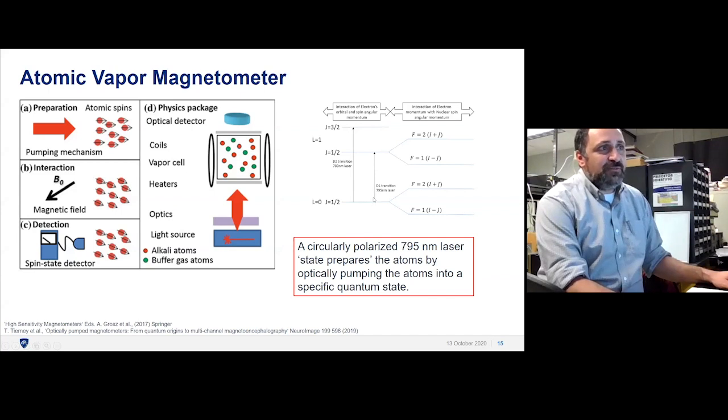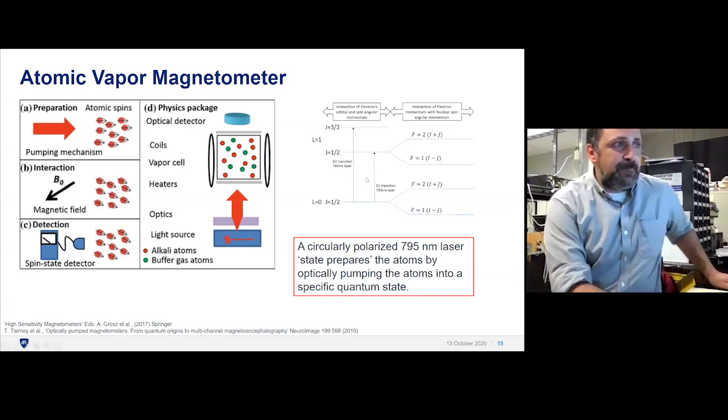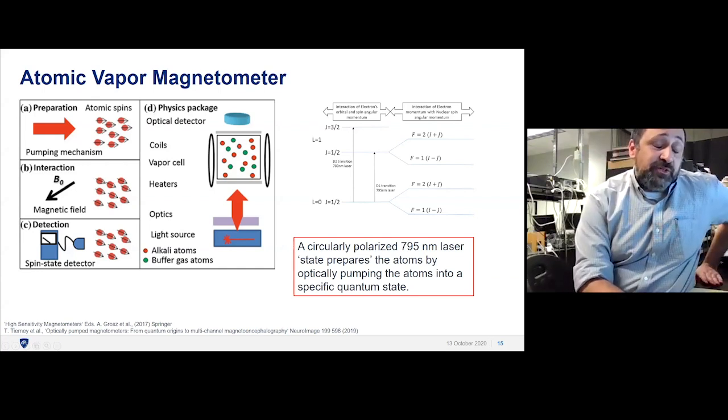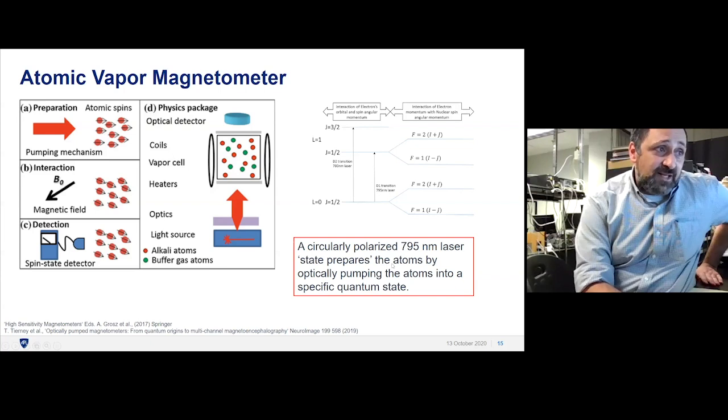So we talked about this very briefly. If you circularly polarize a 795 nanometer laser, it state preps the atoms by pumping them into a specific quantum state.